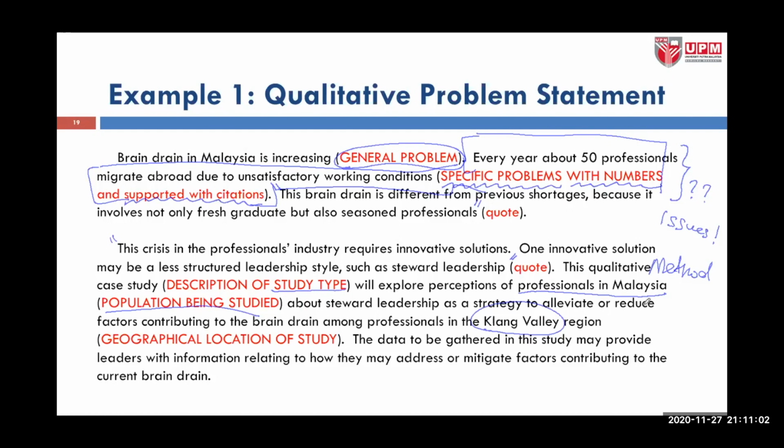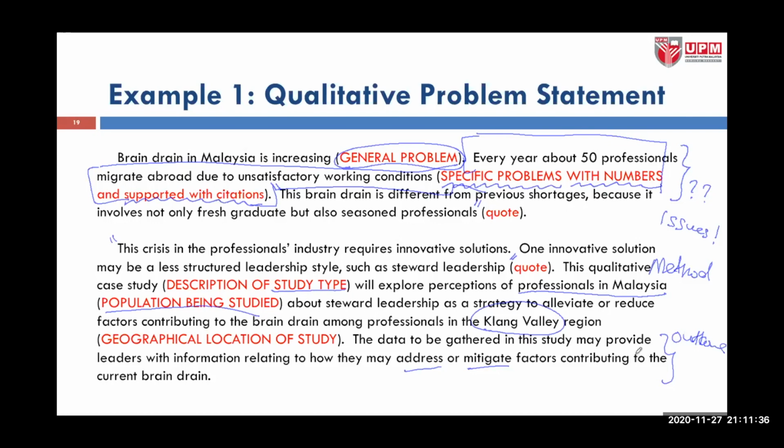So these are basically the reason why the problem needs to be solved, because you want to address and mitigate factors. Basically, you want to reduce the issues on brain drain. So this is basically the outcome that can be achieved if the problem on brain drain is solved.